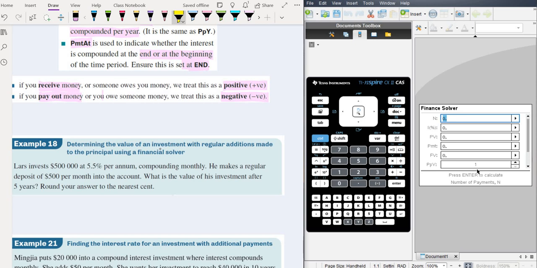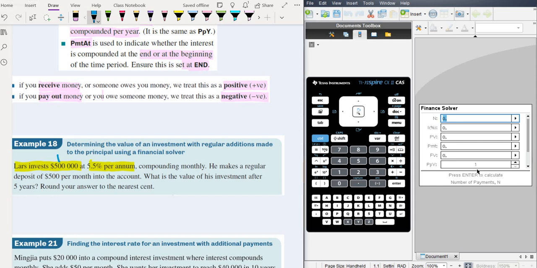So in this example, Lars invests this much at this rate. So we're given some information, and as we read, we can note which of the Finance Solver sections this will go into.